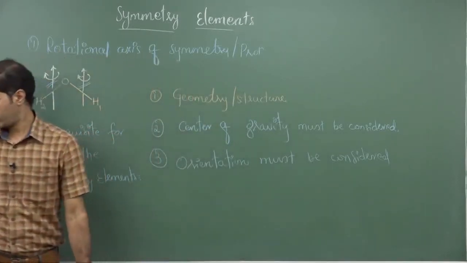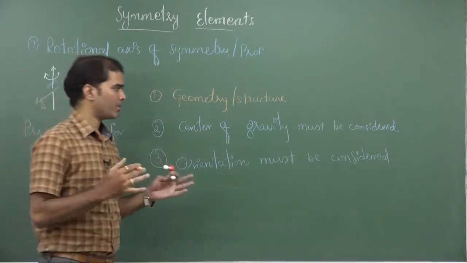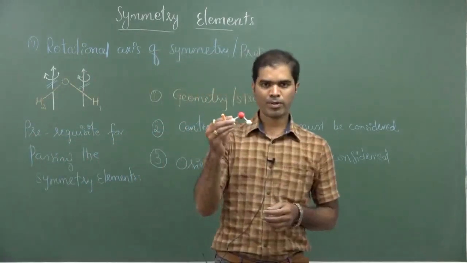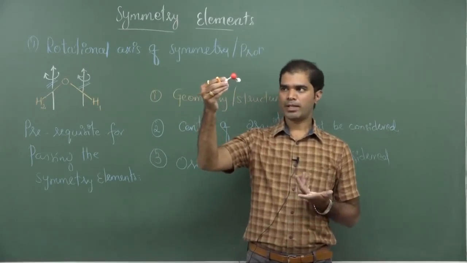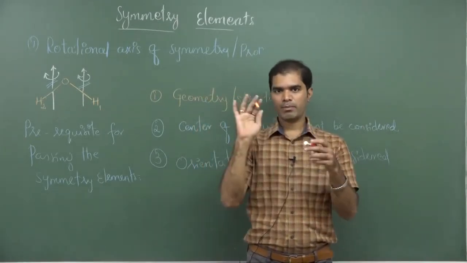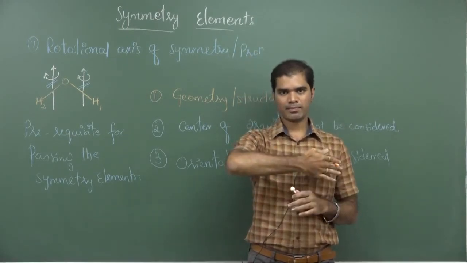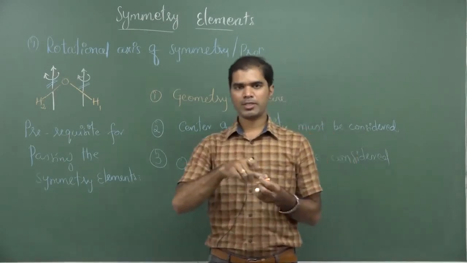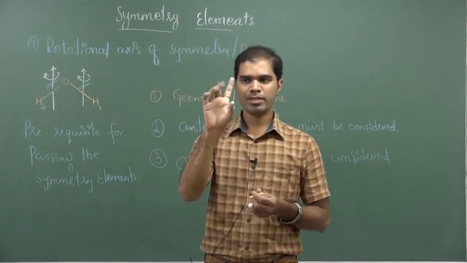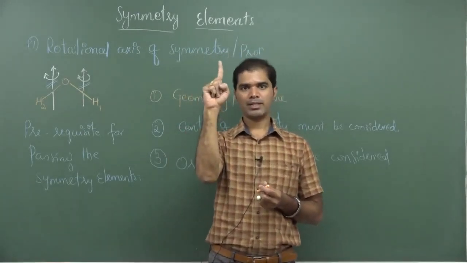When I say orientation, in the beginning classes I told you about the coordinates. So once I have given you a molecule, if I am trying to hold it this way, maybe you will not get a rotational axis, because our imagination in the beginning stages is restricted to z, x and y. So this is how we are seeing it, right? For your imagination I am just repeating. So for convention, imagine this as an axis. I am showing a finger, imagine this as an axis.